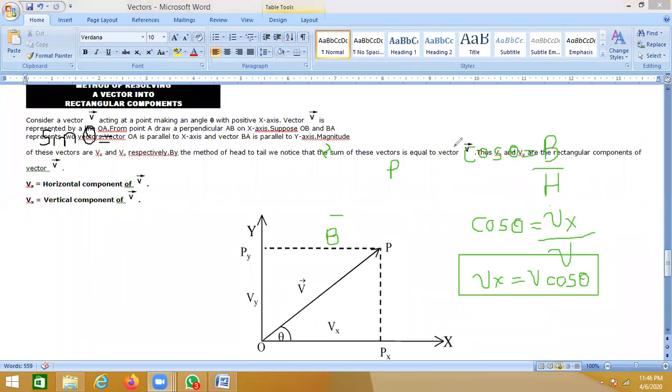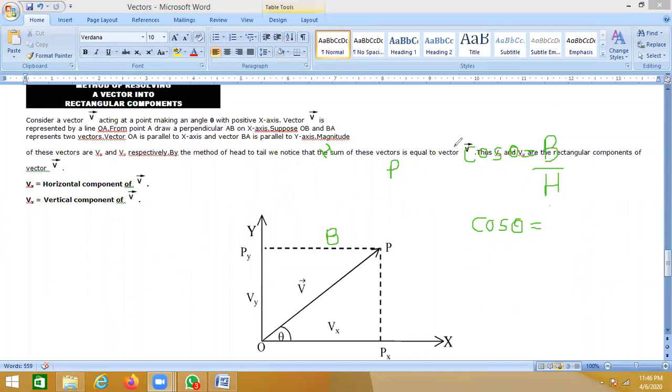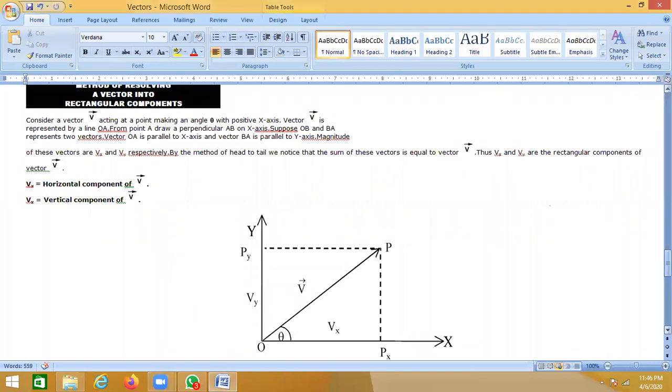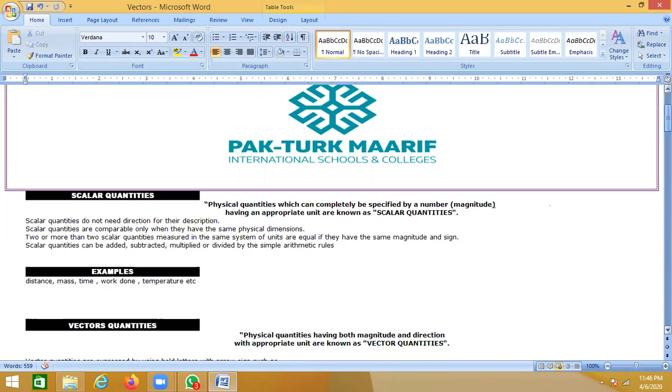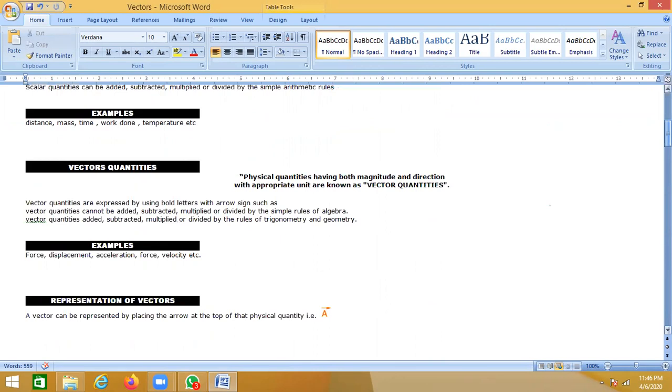Okay, so we will just overview what we have done in the class so far. At the start we saw the difference between scalar and vector quantities through some examples, and also the ways you can add and subtract them mathematically and graphically, right?